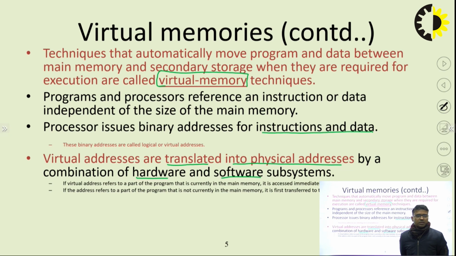The software subsystem is part of the operating system, and the hardware subsystem is part of the CPU itself. A virtual address that refers to part of a program currently in main memory is accessed immediately. If the address refers to part of the program that is not currently in main memory, it is first transferred to main memory before it can be used.